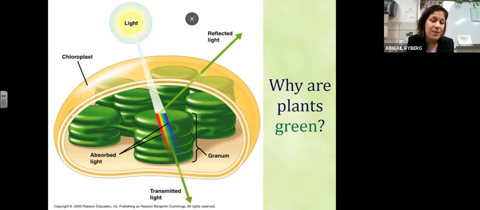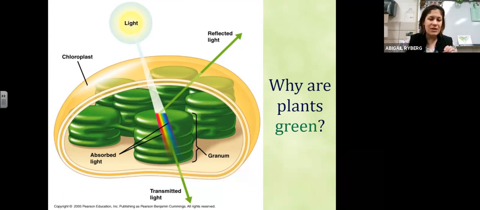Light energy from the sun is going to pass through, and you'll notice that if you look at the light spectrum, because we're going to talk about this a lot, coming from the sun, you can see basically all the colors of the rainbow, right? Some of those colors are going to be absorbed, and some of those are going to be what we call reflected.